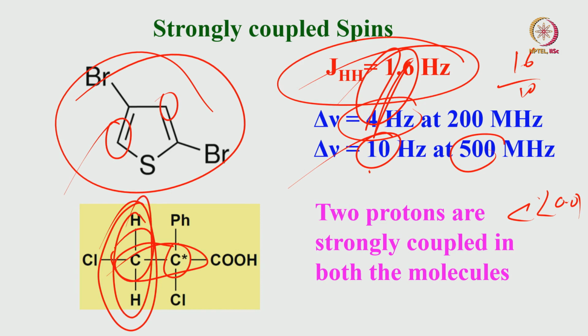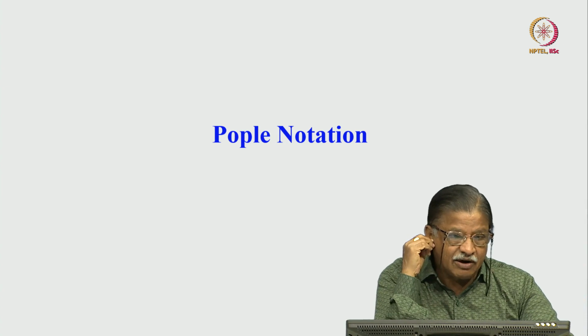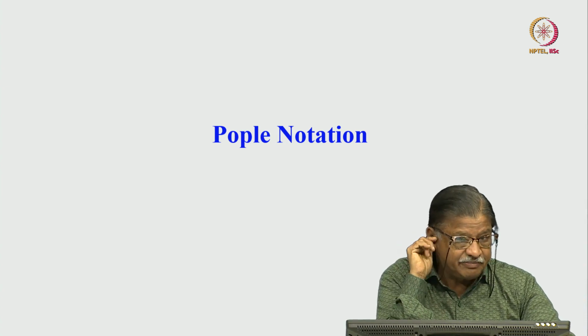In this example I did not give the values, but this is also strongly coupled, like here. Again these two protons give a spectrum with peaks of different intensity, not all of equal intensity. So this is what I wanted to tell you about Pople strong and weakly coupled spin systems.